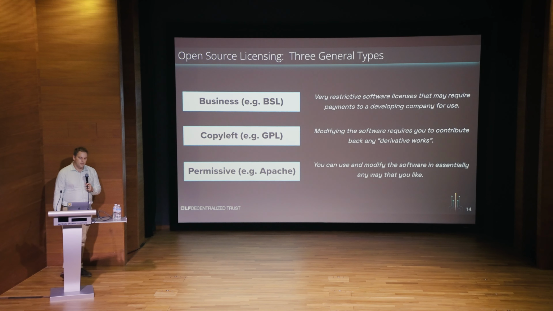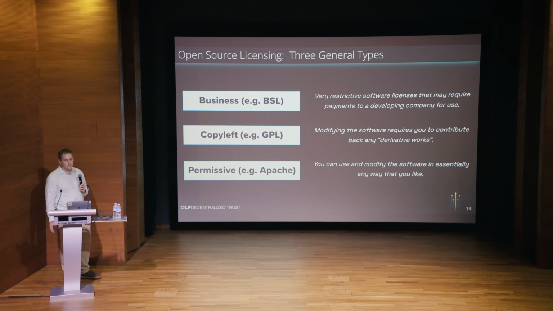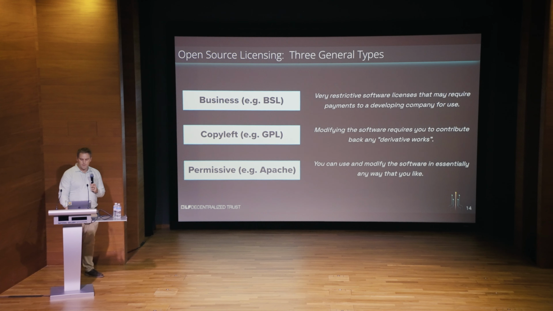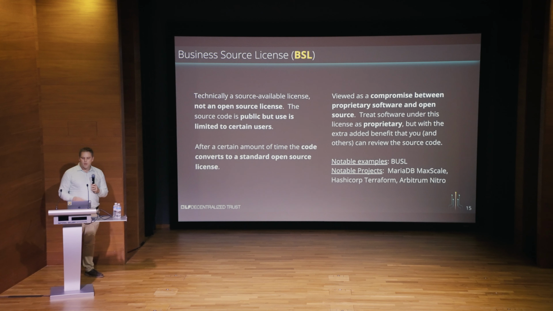Three general types of licensing today. We have BSL licenses, copyleft licenses, and permissive licenses. Has anybody here used a BSL license? Yeah. It's technically not an open source license. It's actually what's called a source available license. The code is public, but limited to certain users.